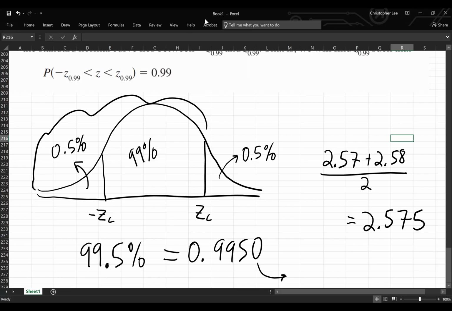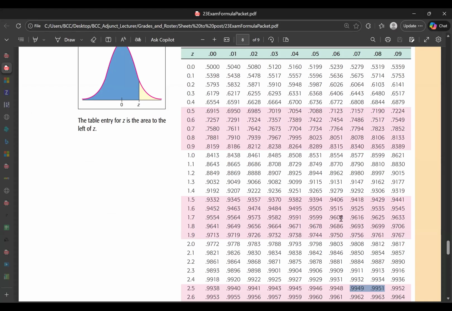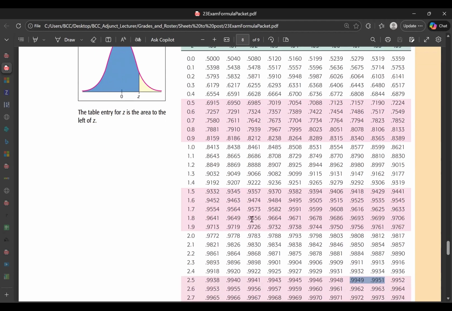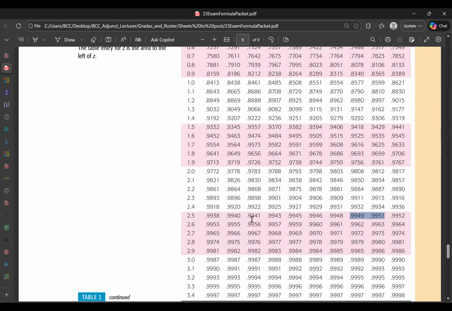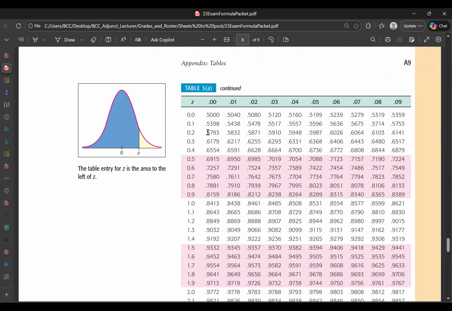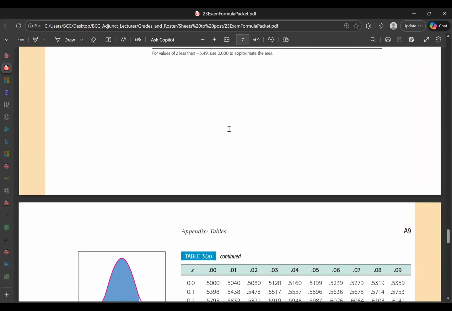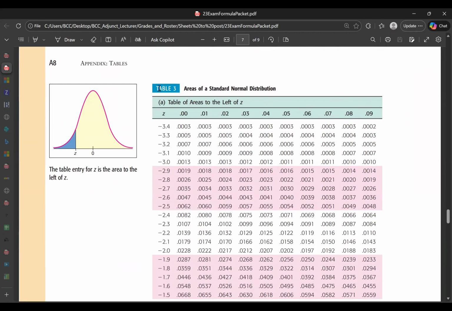Table 3. Yeah. So I looked in the middle, right here where all these numbers are, and I was looking for 0.9950. Page 89. A9, I guess. Where it says normal distribution at the top. You see where it says table 3, areas of standard normal distribution?